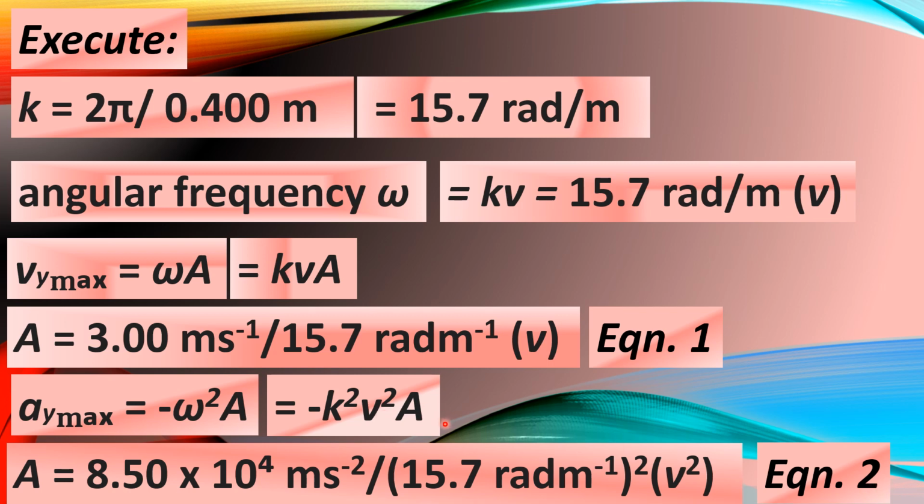So, with amplitude A isolated, that can be expressed as the acceleration, that is given as 8.50 times 10 to the 4th meter per second squared, divided by the square of the value of k multiplied by the square of the speed, small letter v.